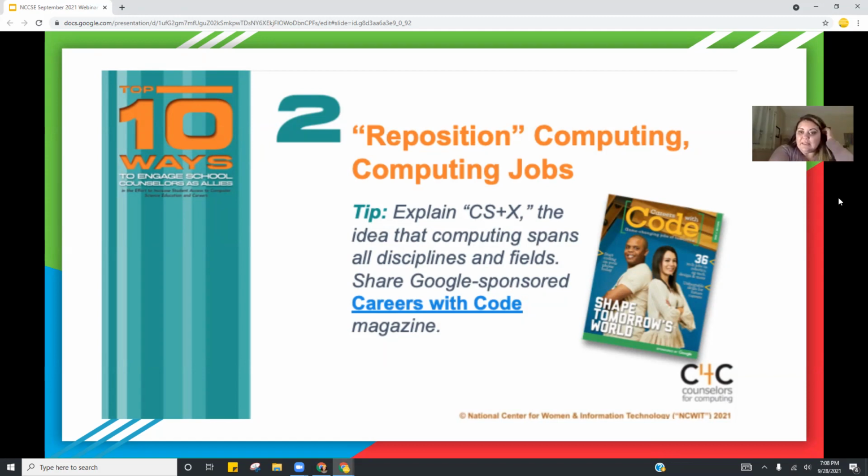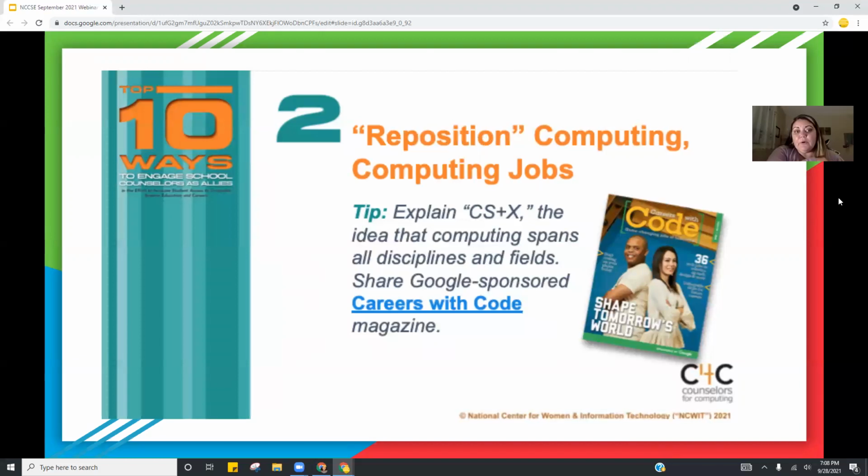Because the reality is that if you want to be a psychologist right now, you may also need to know how to make a website to recruit clients, maybe how to work some of social media and things like that. So it really is everywhere. So the more that you can talk to them about that, the better.